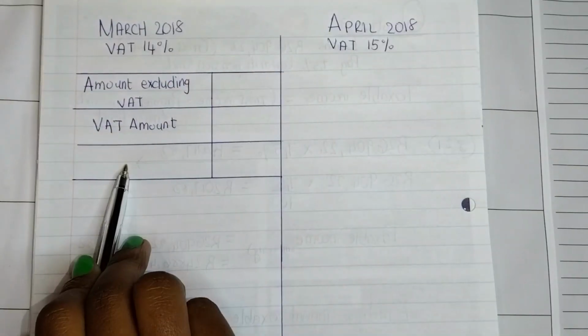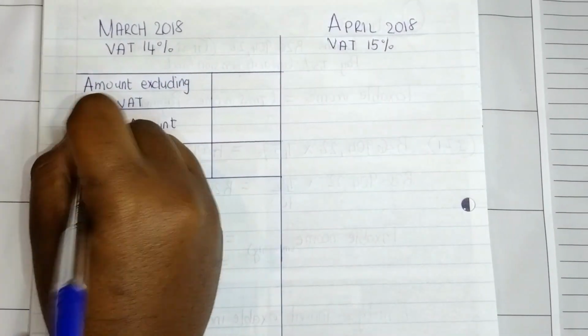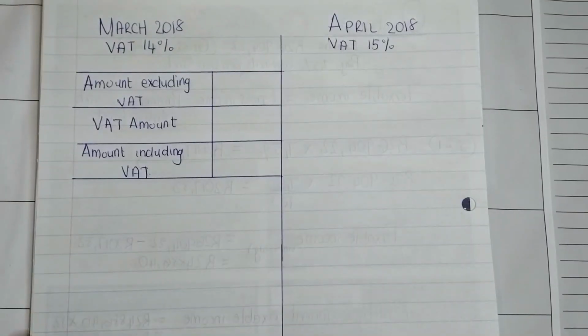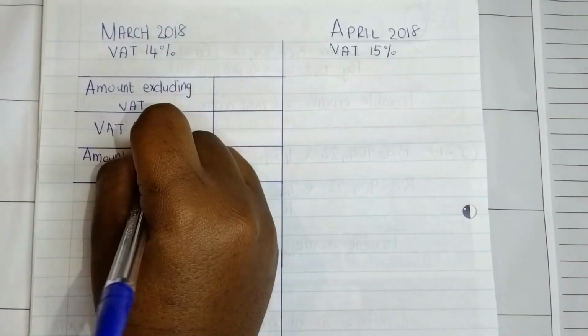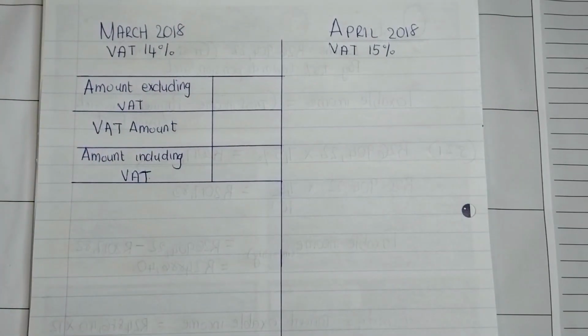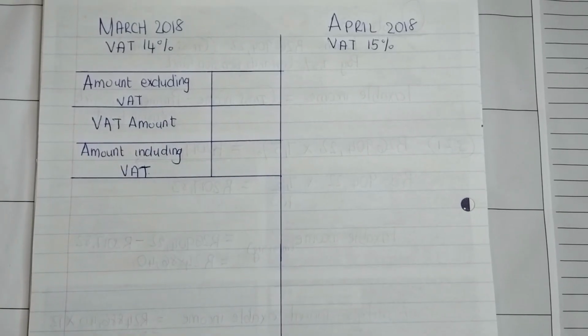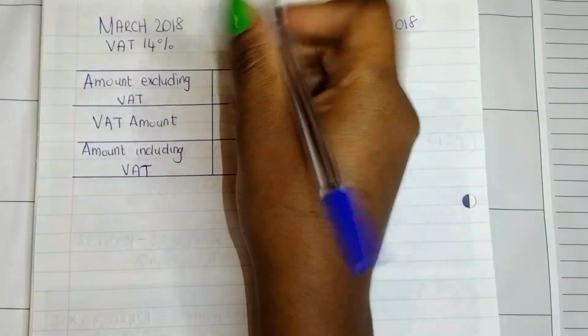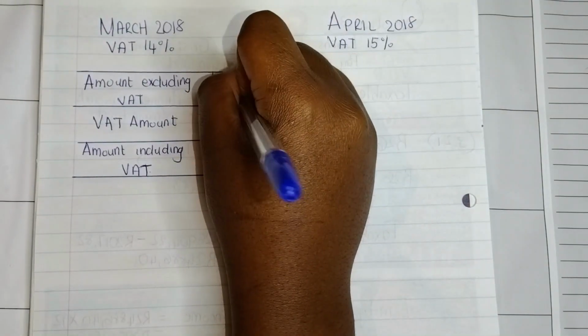And in the third row, the amount including VAT. This is a table that you always need to think of when you are dealing with VAT calculations, right? What is the amount including VAT? What is the amount excluding VAT? The amount that is excluding VAT is always 100%.